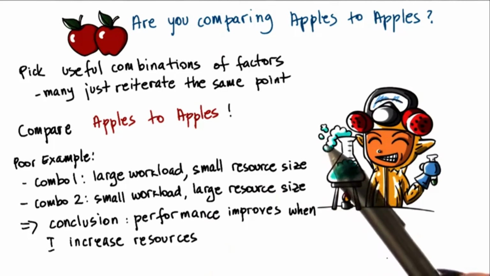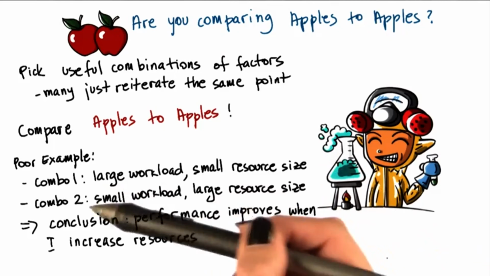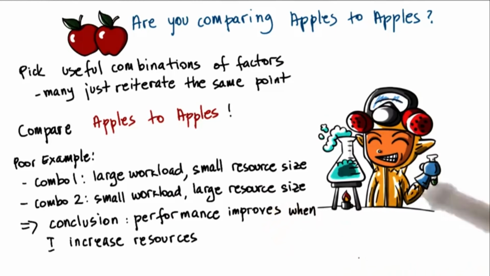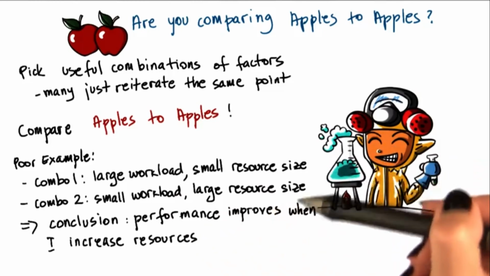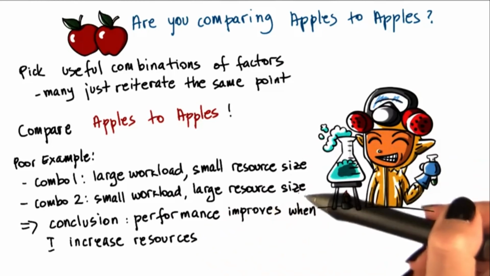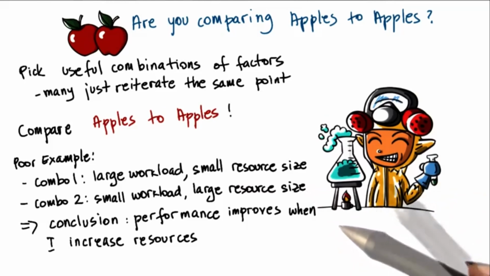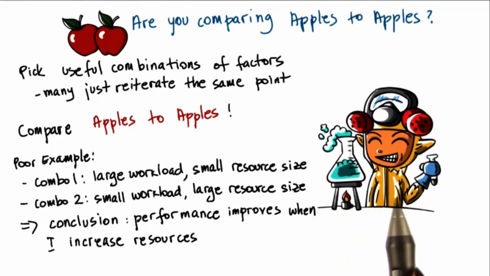And then we look at these results, and we see that in the second experimental run the performance is better. So then we may draw a conclusion: well, I've increased the resource size, I've added more threads, and therefore my performance is improved. So I must be able to conclude that performance improves when I increase the resources.